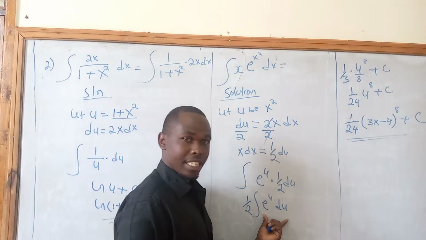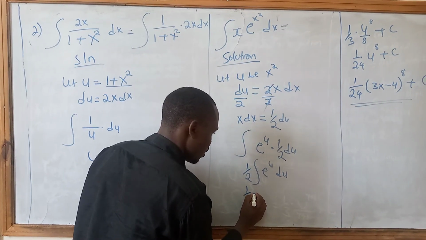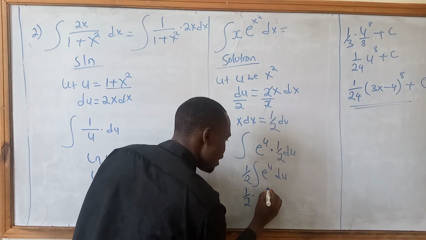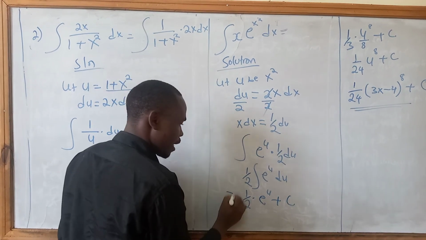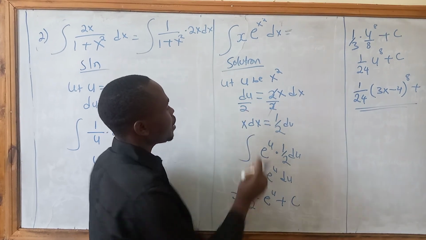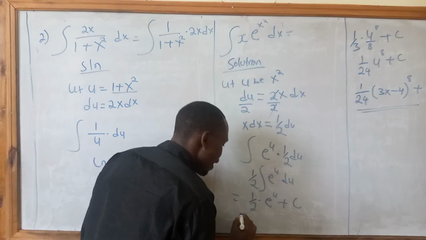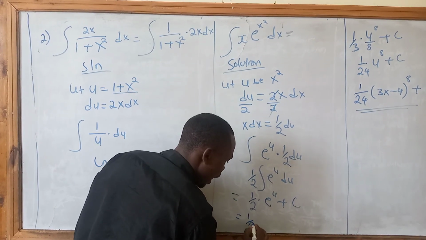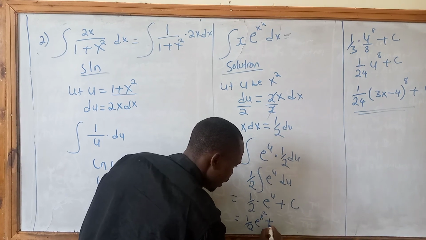If I integrate this, it is very simple. It will be a half multiplied by e raised to u plus a constant c. That is the integration. But in place of u, I'm going to substitute x squared. Then my final answer is a half e raised to x squared plus c.